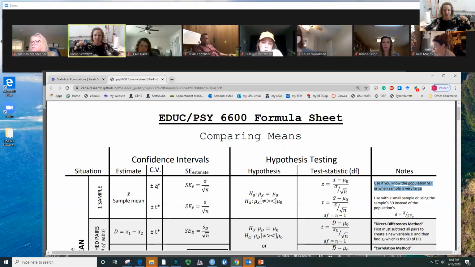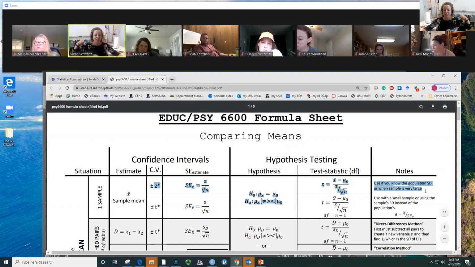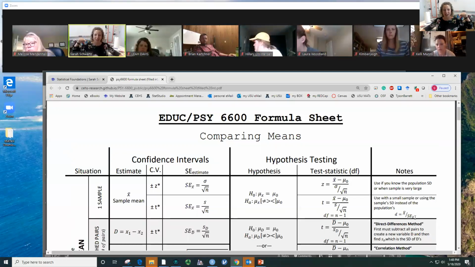So that's this top line, using the z statistic if you know the population standard deviation and or you have a very large sample size. In other cases, when we have a small sample size or we're using the sample standard deviation, we use the t-test. Now down here, there's this little box that says d equals, that's Cohen's d effect size. And we're going to get to that in our chapter 8 today, but just pointing it out is on here.